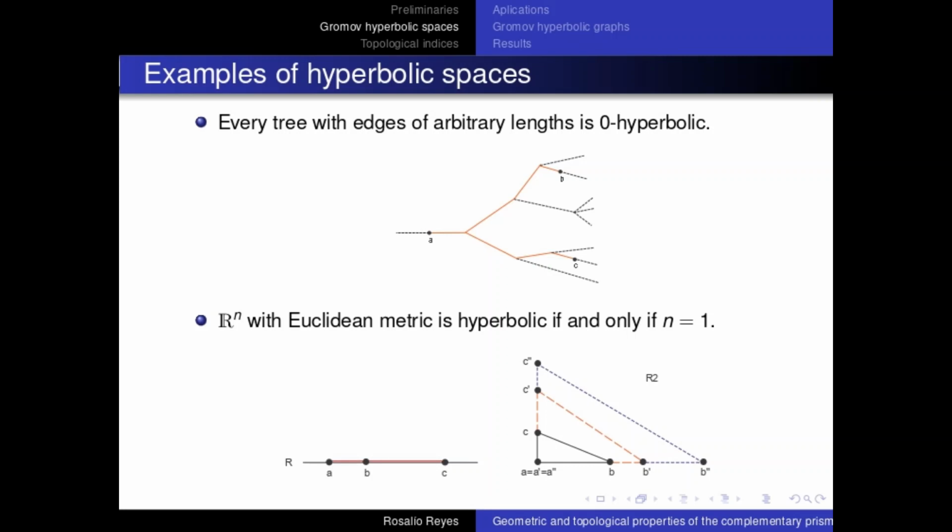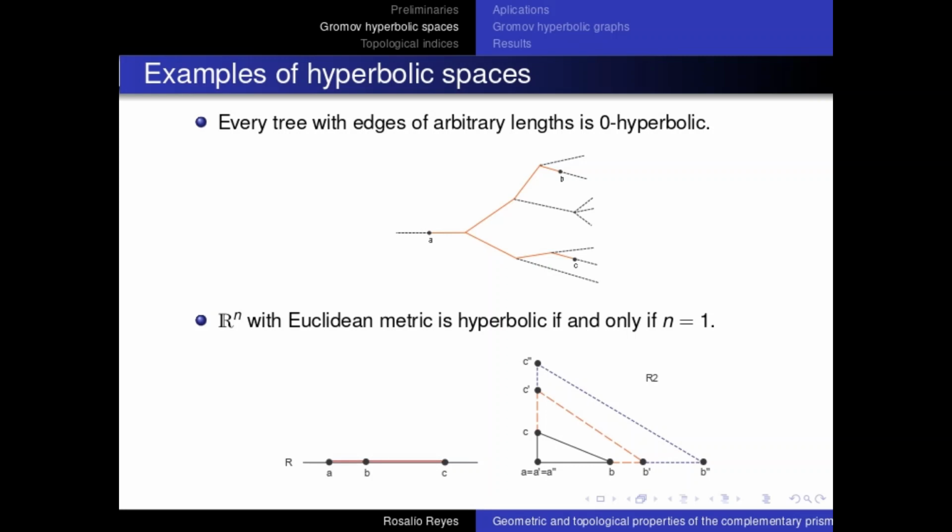The reason for this is that no matter where we consider the three vertices of our triangle, when we consider the union of two sides, the third side is contained in this union. In the case of R^n, the space is zero hyperbolic if and only if n is equal to 1, for the same reasons as the previous case.